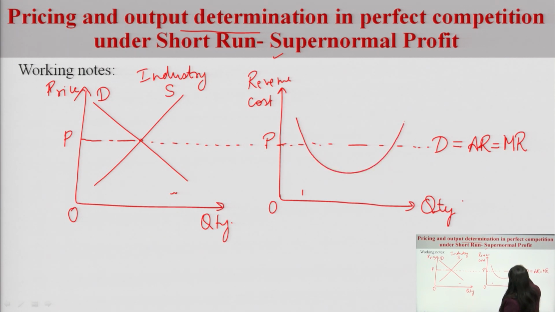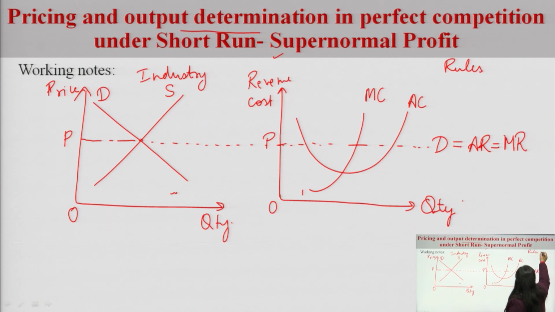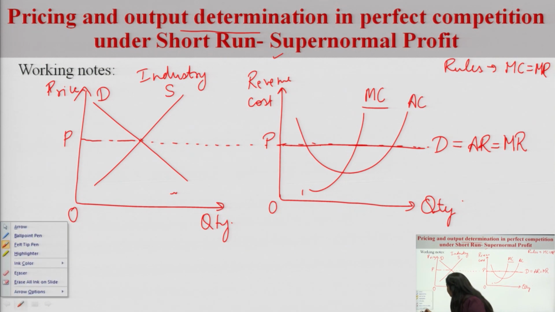Suppose this is the average cost of the seller and this is the marginal cost of the seller. So, how would he determine the optimum output? He would determine it by the rule of optimum output. What was the rule of optimum output? Find a point where MR is equal to MC. Here this is the marginal cost and this line is the marginal revenue line. So, how would the optimum output be determined?